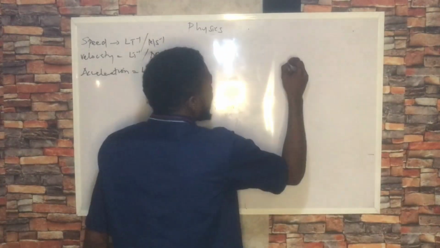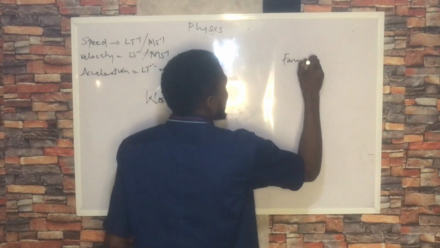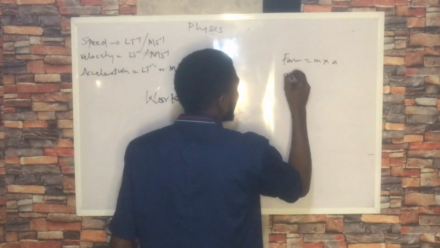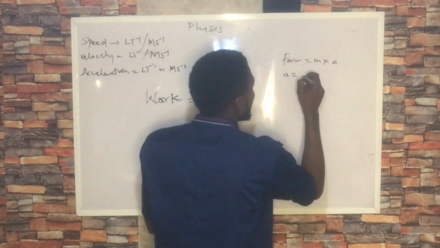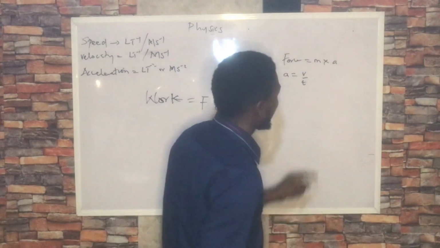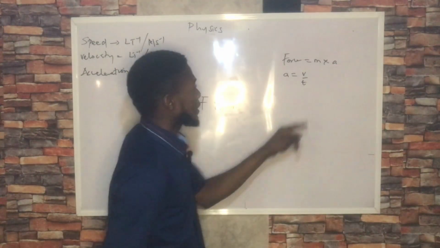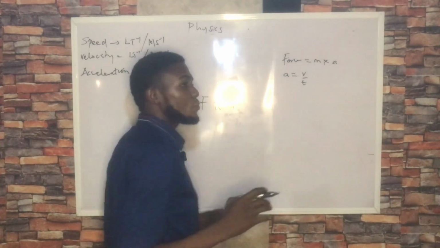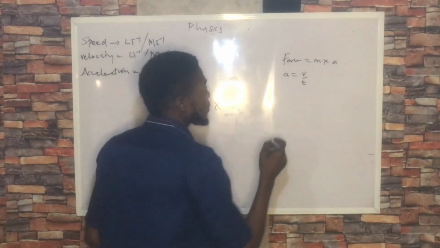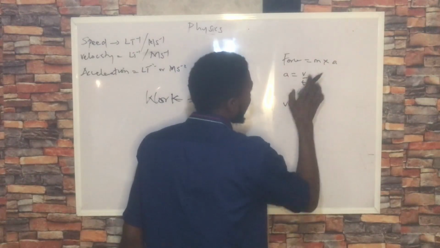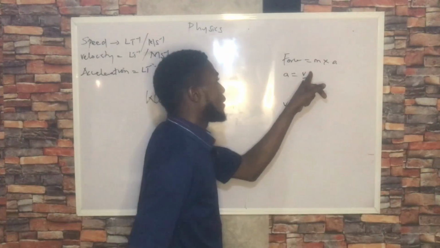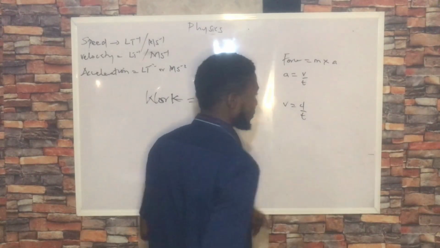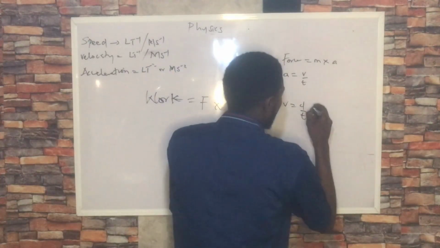So let's say you want to solve for force. Force is mass times acceleration. Acceleration is given as velocity over time. But you don't know the dimension of velocity. Let's assume you knew it before and forgot. It's simple: you find the dimension of velocity first. Your velocity is distance over time.